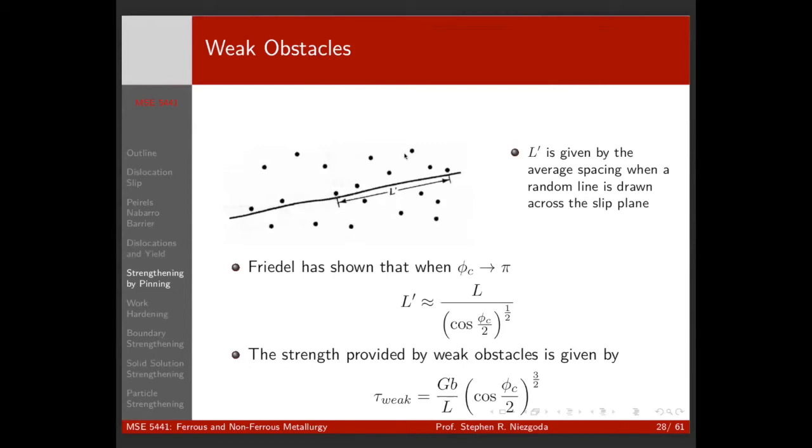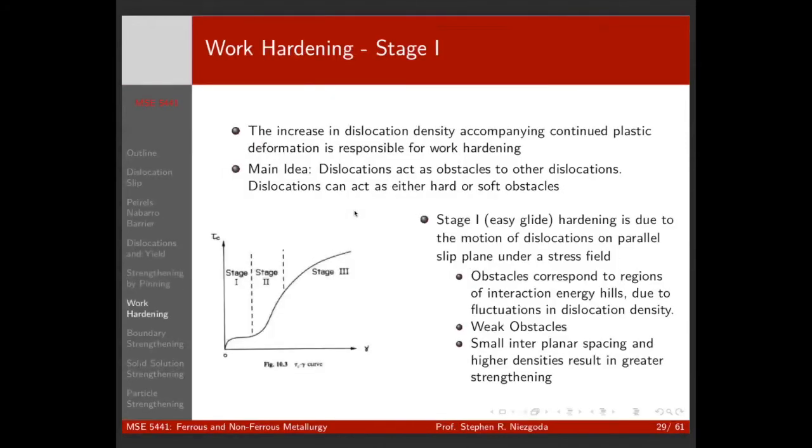But if it's easy to cut through, we're not bowing out a lot between the particles. Our dislocation is relatively straight, and then it hits these particles. So it's really this straight line distance, which means that the strength provided by these weaker obstacles is significantly smaller because this critical angle remains relatively straight.